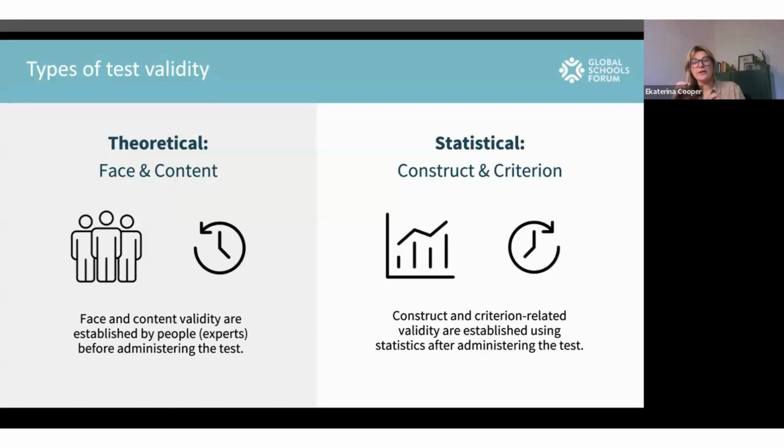The construct and criterion validity are fairly similar in a way. It's also about representation of the key elements. For example, when we talked about the global proficiency framework earlier, there are different constructs in it, and the constructs will be very well represented and accurately defined in the tools that you're using for the assessment.